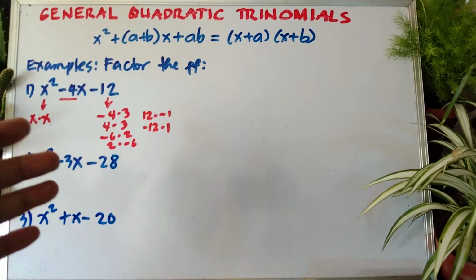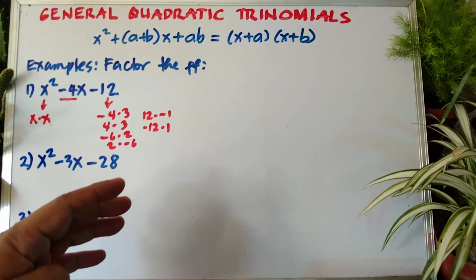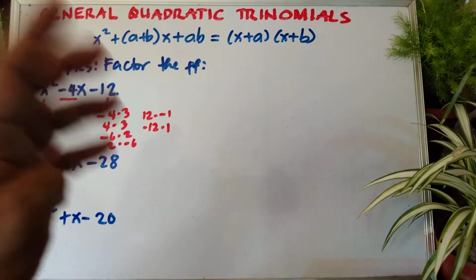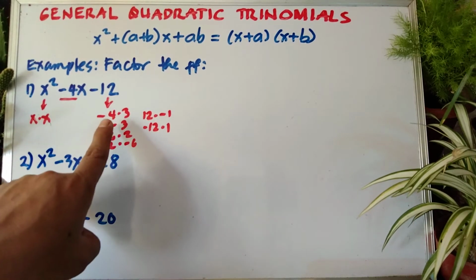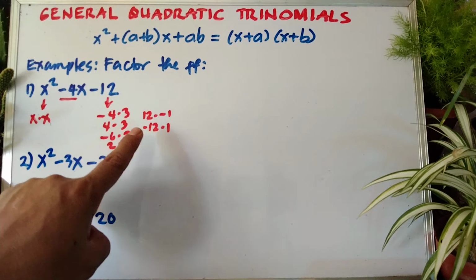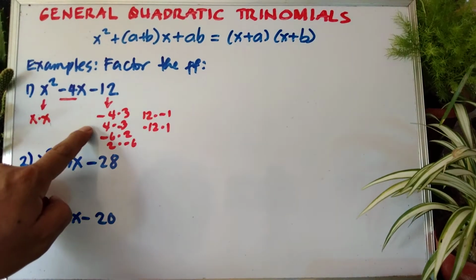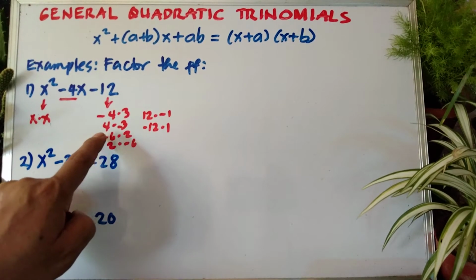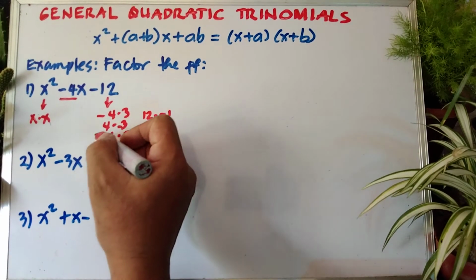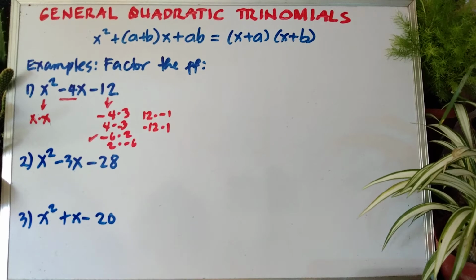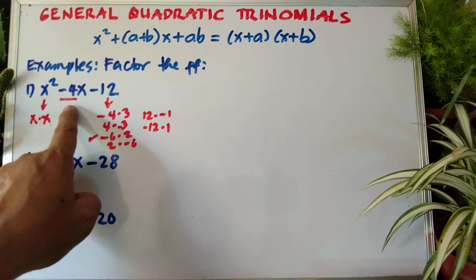Ibig sabihin, saan ba dito sa possible factors ang pwede nyong gamitin na kapag ina-add nyo, makukuha nyo si negative 4? Ito ba si negative 4 plus 3? Hindi. Negative 1 yan. Ito ba si 4 times negative 3? 1 lang ito. Ito ba? Negative 6 times 2, if you add, negative 6 plus 2, negative 4. So, meaning, ito yung pwede nating gamitin. Kasi ho, if we add these two factors, we would come up with negative 4.